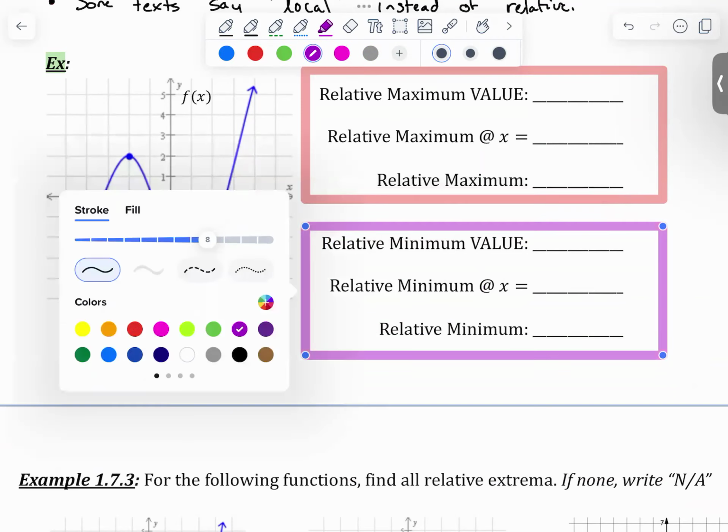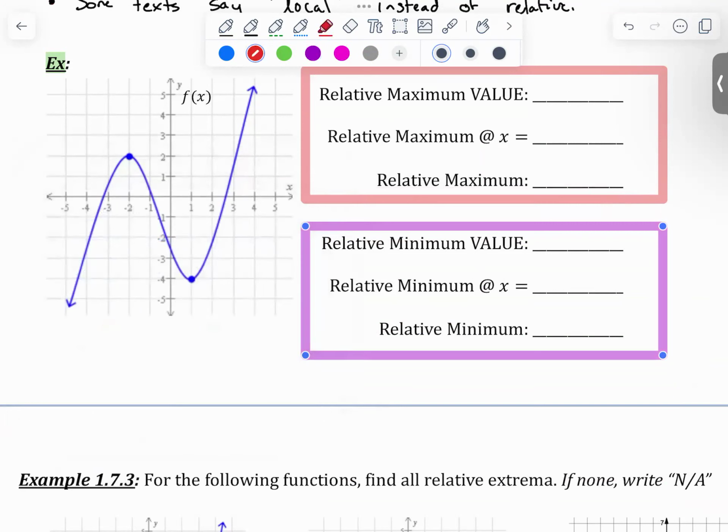So for the relative maximum, that's where we're at the top of a hill, and that would be precisely right there. And so the relative maximum value is 2, and it occurs at x equals -2. The relative maximum in question is the point -2 comma 2. That's the jargon at its core.